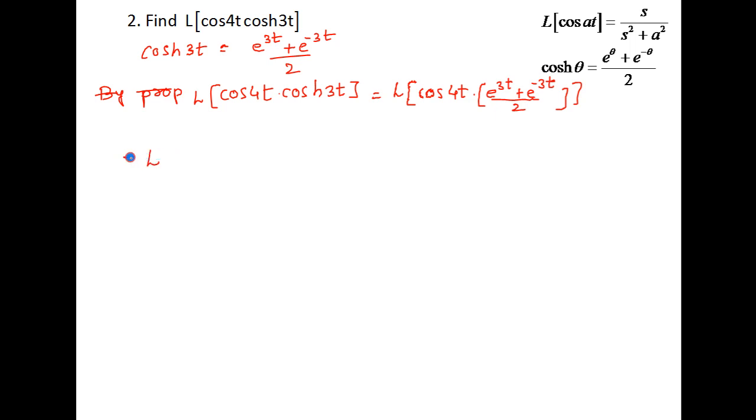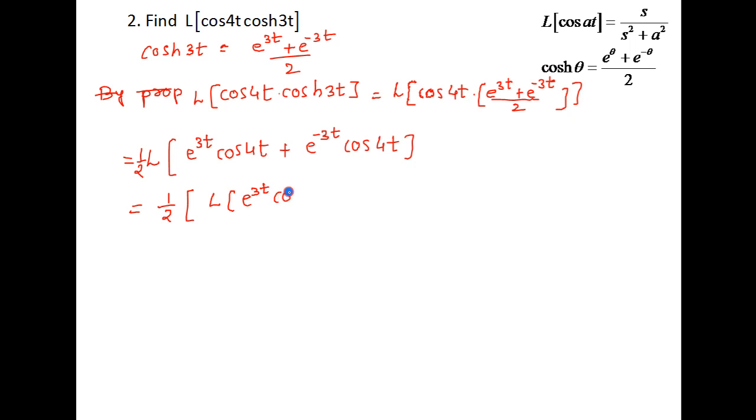Laplace of, 1 by 2 is a constant with respect to Laplace, we can keep it outside, e to the power 3t cos 4t plus e to the power minus 3t cos 4t. And now by linearity property we can separate the Laplace. So we will get Laplace of e to the power 3t cos 4t plus Laplace of e to the power minus 3t cos 4t.